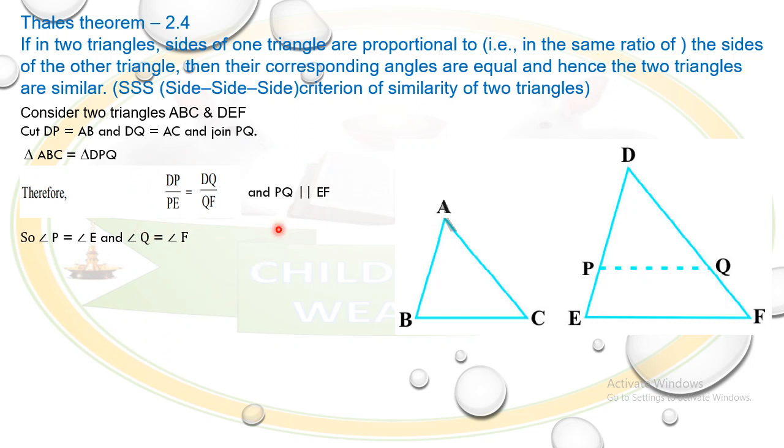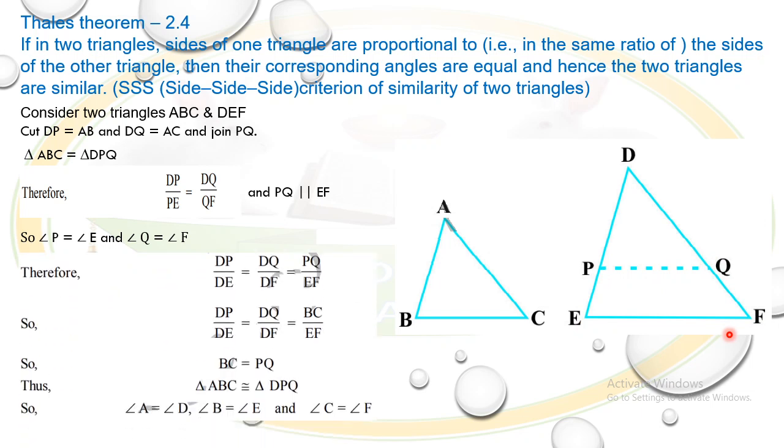So as PQ is parallel to EF, obviously we know that angle P is equal to angle E and angle Q is equal to angle F. Therefore we can write DP by DE is equal to DQ by DF and also PQ by EF.